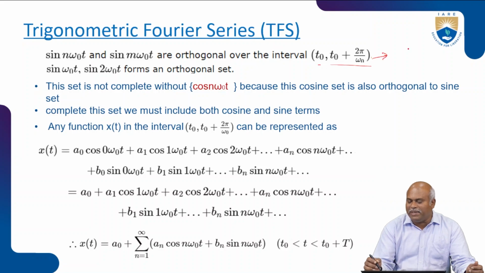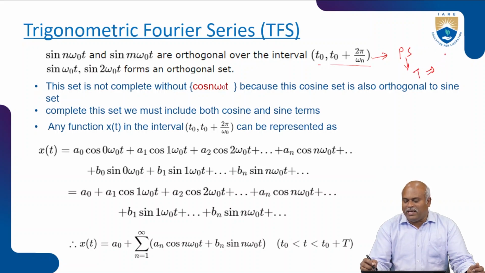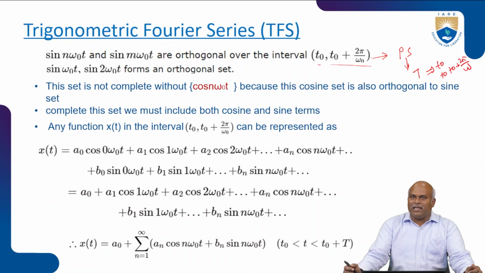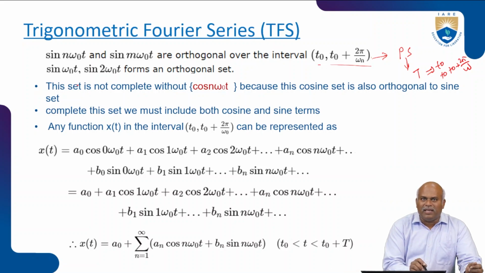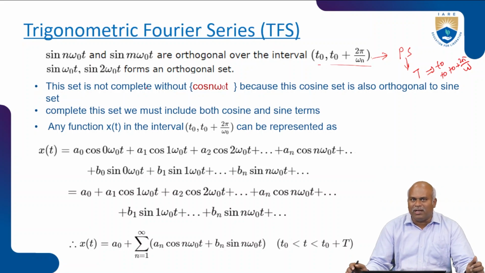This signal is represented as a periodic signal, and that periodic signal has a fundamental period capital T. This T is present in the interval t0 to t0 plus 2 pi by omega 0. So if we go for the orthogonal set, we conclude the signals sin omega 0 t and sin 2 omega 0 t form an orthogonal set.